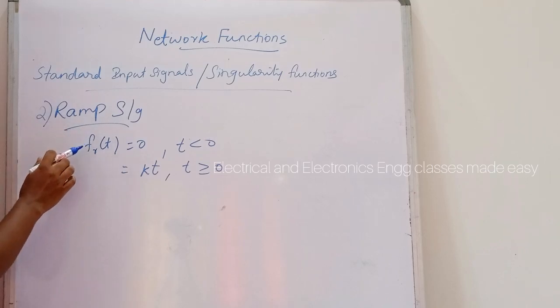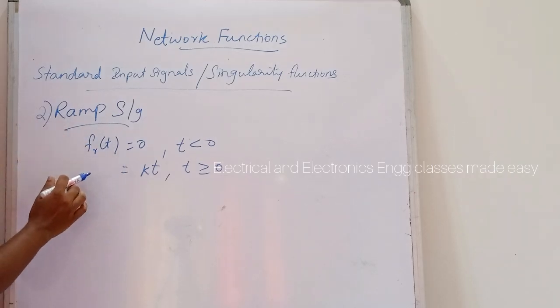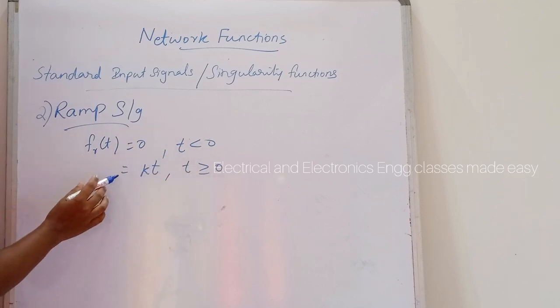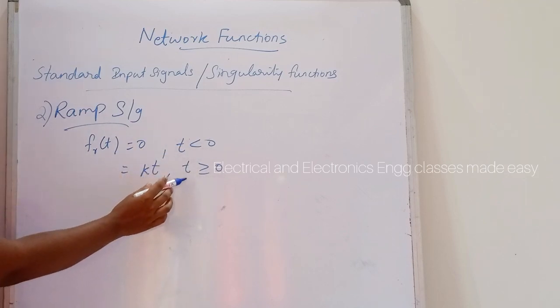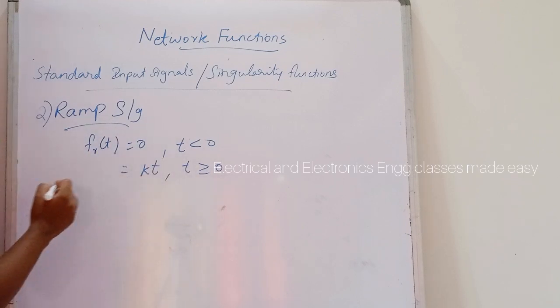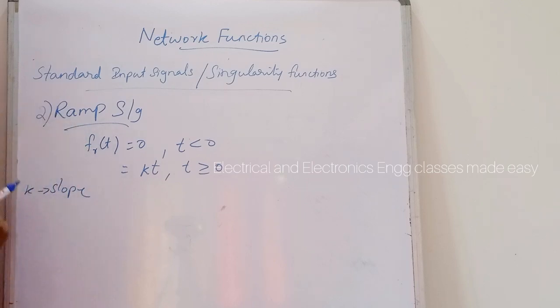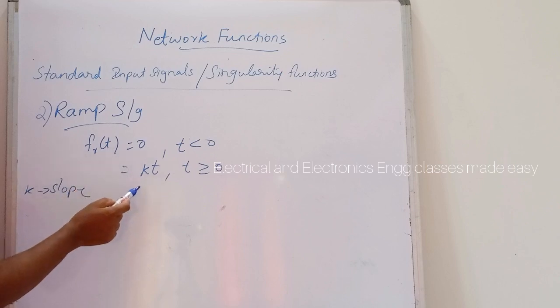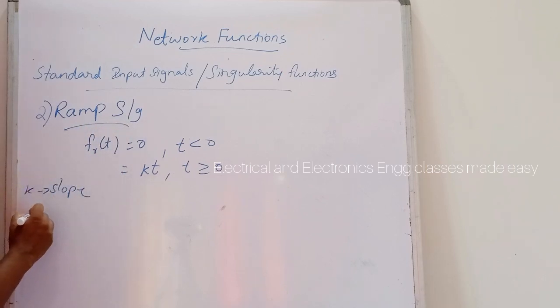Next is ramp signal, and ramp signal is defined as fr of t is equal to 0 for t less than 0 and equal to k into t for t greater than or equal to 0, where k is the slope of the ramp signal. Here also, if the value of k is equal to 1, then the ramp signal is called unit ramp signal.